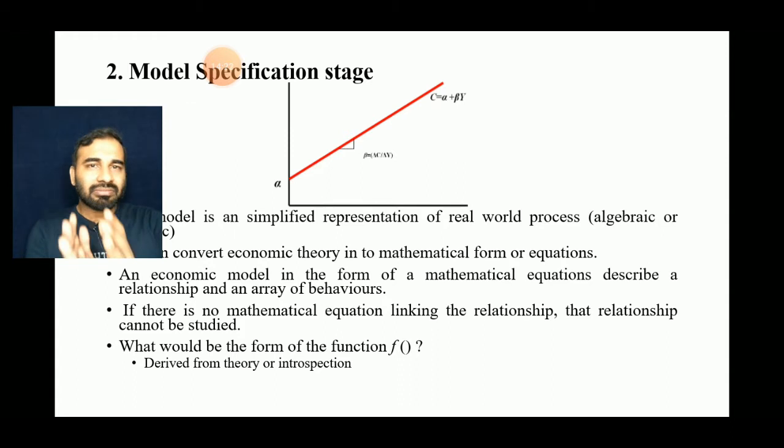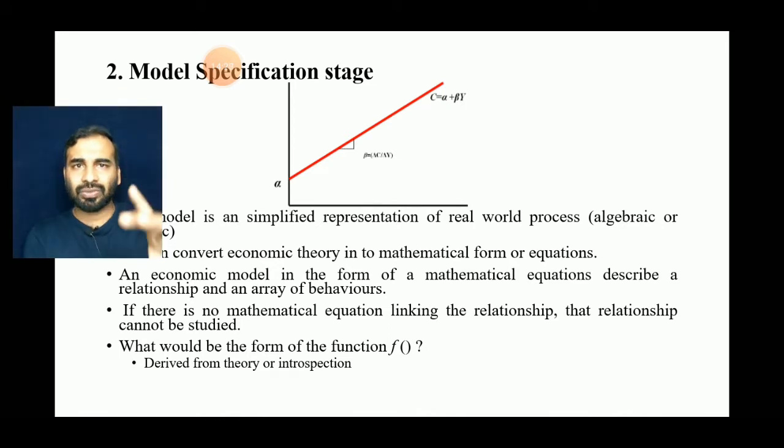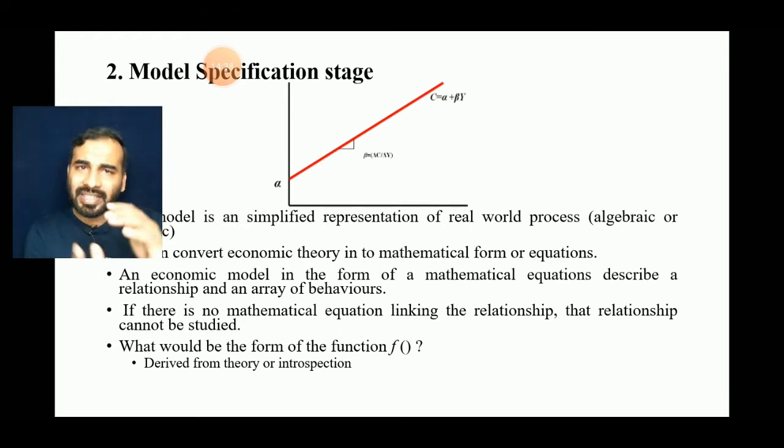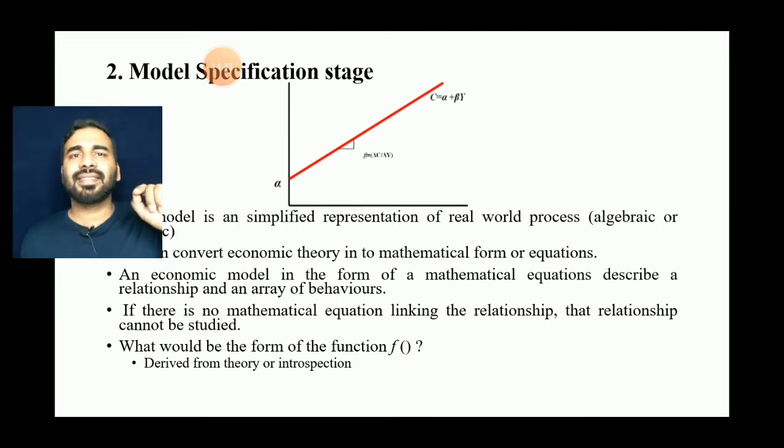When we describe such factors, it will take a lot of time and consume more space. So how can we simplify that? You convert that statement into an equation. QD is equal to a function of P, price, then the price of related commodities, income of the consumer, taste and preference.